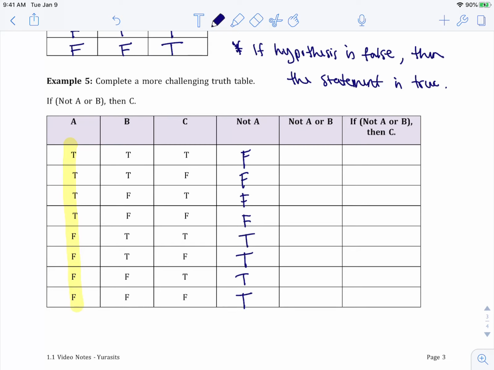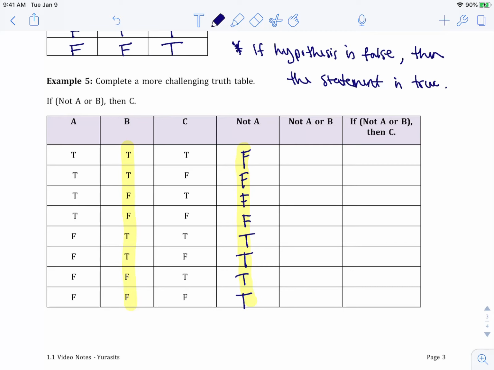Now I want to fill in the truth value for not A or B. So now my eyes have to focus on not A. So I'm going to get rid of this so I don't get confused. So not A or B. I'm looking only at those two columns. Now remember, we talked about this, that in order for an or statement to be true, just one has to be true.